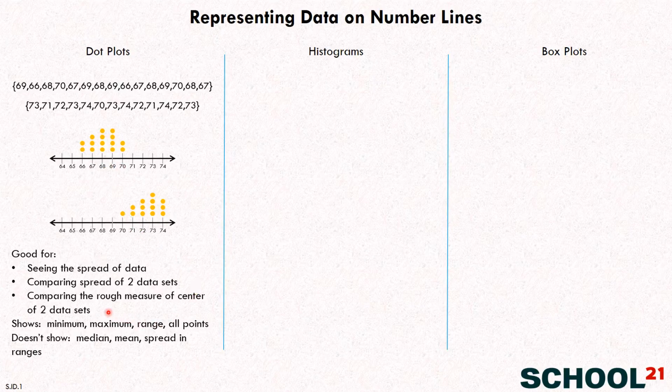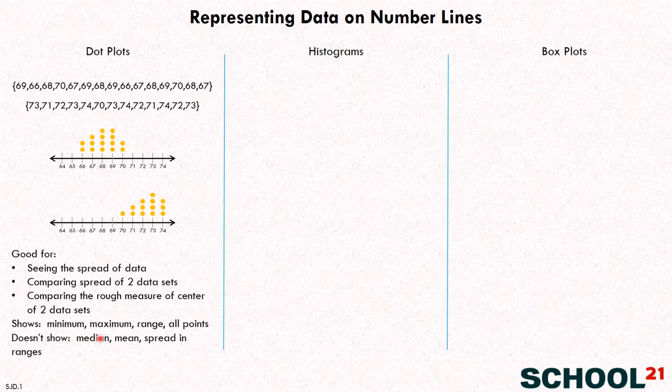And you can roughly compare the center of the data. So you can say, this one, the middle of the data, the median or the mean looks to be somewhere around 72 or 73. This one, the median or mean, where do you think it is roughly? It's between like 60 or 69. Yeah, somewhere in there. And you can actually go ahead and calculate the mean and the median.